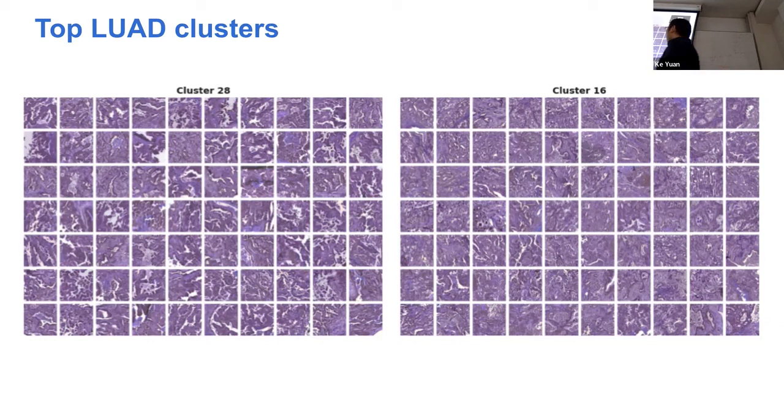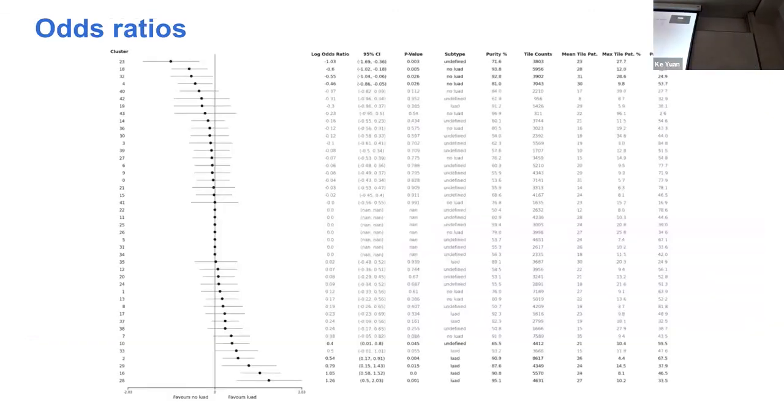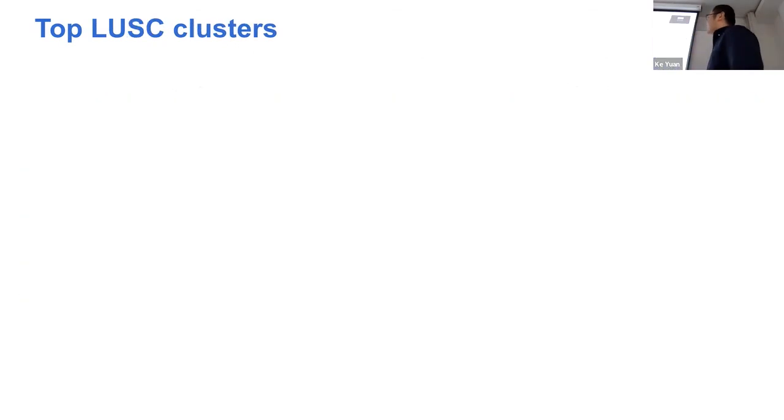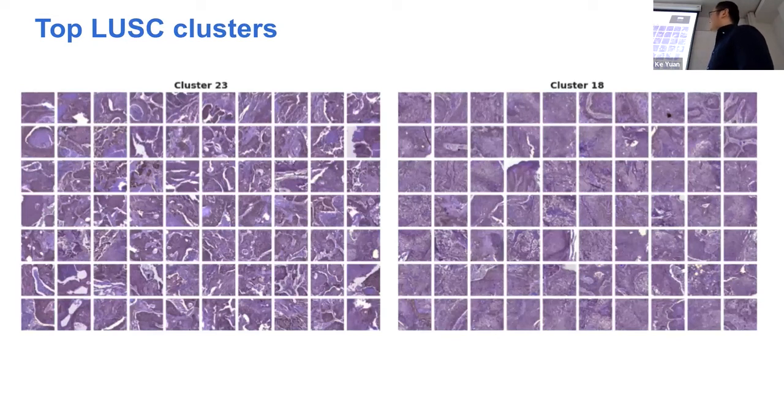For example, clusters 28 and 16 are all LUAT cancer type, and you do see these granular structures here and there. The clusters deemed to be squamous cell carcinoma clearly show lots of stroma-looking regions. Even with a random sample, you don't see clear outliers. That means you're really getting high-quality clusters.